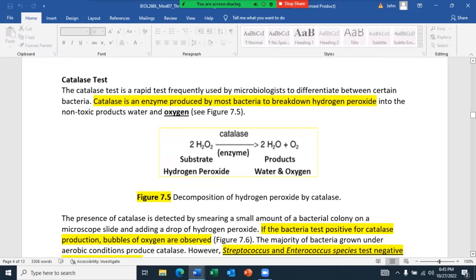In the catalase test, if the bacteria have catalase, we then expose the bacteria to hydrogen peroxide, and then the catalase will decompose the hydrogen peroxide, producing water and oxygen. The oxygen would create bubbles in the hydrogen peroxide, so you see the bubbles.